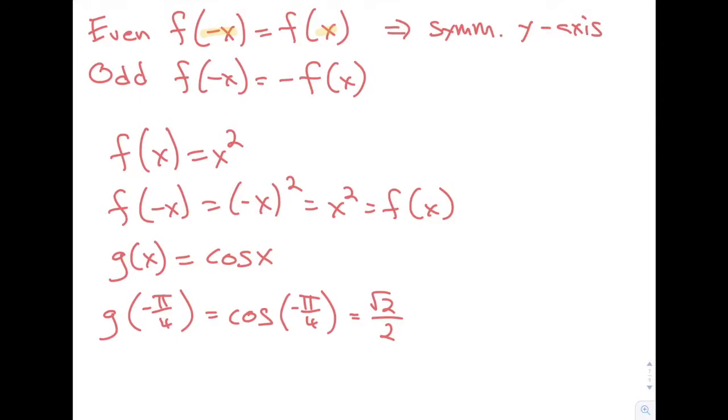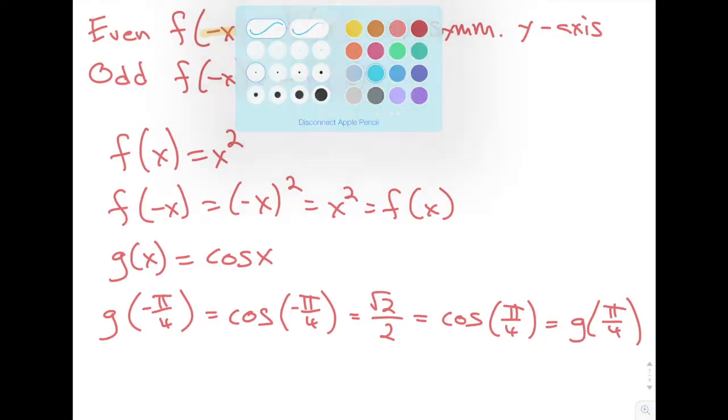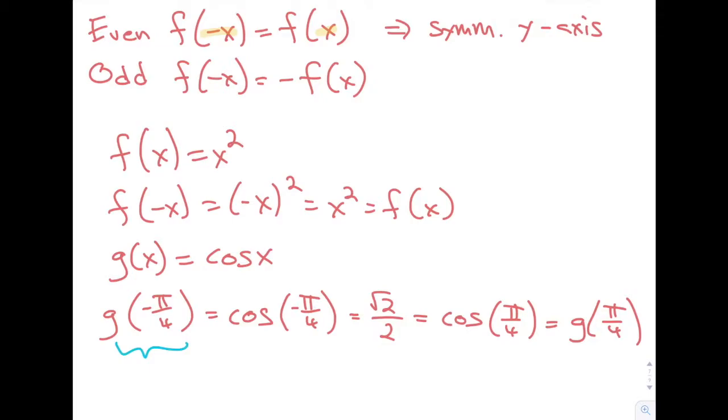The first quadrant, when t equals pi over 4. So we can say that cosine of pi over 4 equals g of pi over 4. So we started with g of negative pi over 4 and ended with g of pi over 4, thus proving that cosine is even.